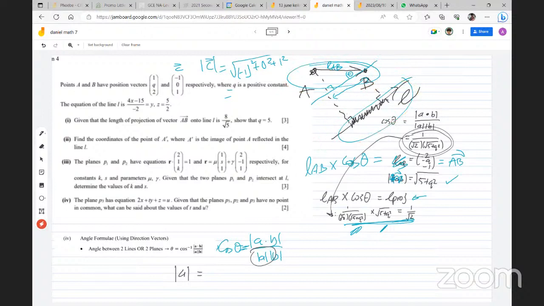So you cannot put A here and you cannot put B here. No. The first guy that you should be doing, that's the AB. The second guy is the line itself. This one, try to understand first. It's not the A and it's not the B, even though the formula seems to be saying it's A and B.